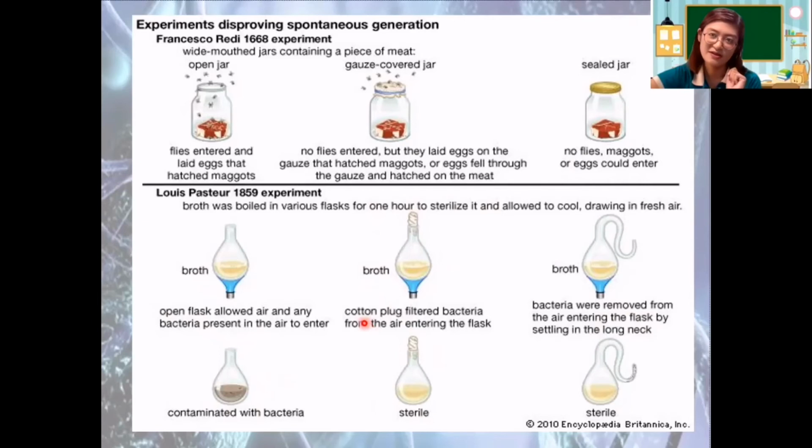Okay, they can contaminate your food when left open for several hours. Then the broth placed in a flask with a long neck remained sterile. So therefore, there is no spontaneous generation. So a broth can never turn into a living organism called bacteria spontaneously. Okay, so therefore, spontaneous generation was disproved and it's not accepted.